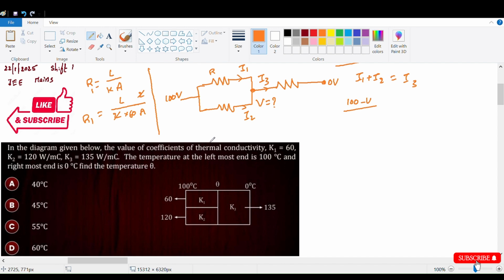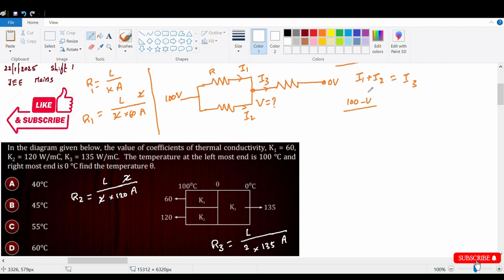In the same way, find R2 by the same method. For R2 also, L is L by 2, K is 120, area is A by 2, so the 2s cancel and I got R2. R3 you can also find this way. R3 is equal to L by 2, half the length, into K3 value 135 given. Area is the full area. So this is the value I got.